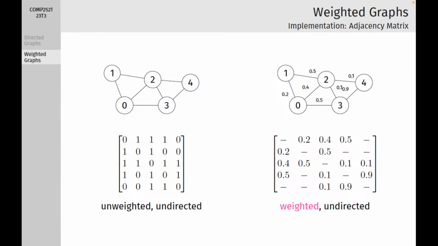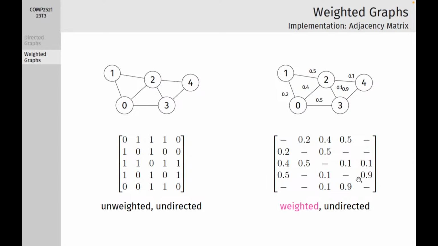So here is the matrix representation. For a weighted graph, notice that each cell contains the weight of the edge, instead of a 1. For the cells where there is no edge, you would choose some value which can't be an edge weight.